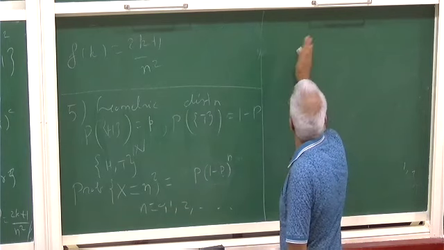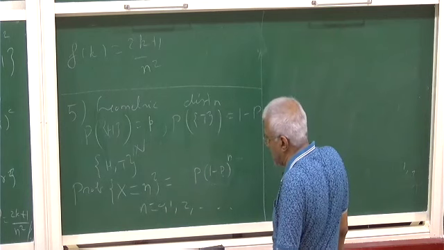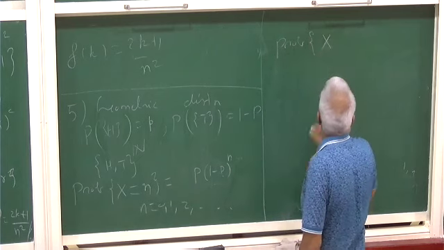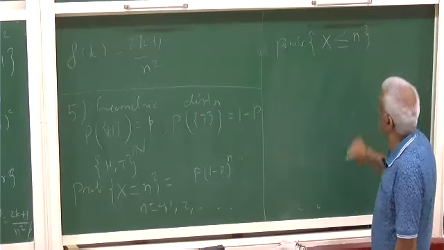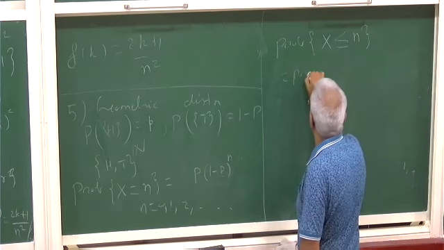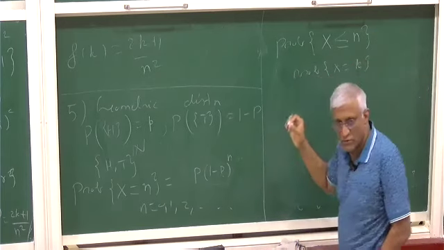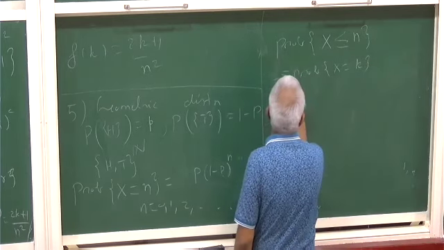So let us see. You can calculate this set, the probability of x less than or equal to n, which is just the probability of x equal to 0, x equal to 1, x equal to 2, and so on. So this is the summation over k from 0 to n.